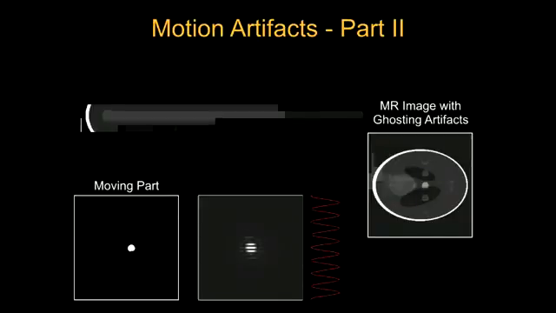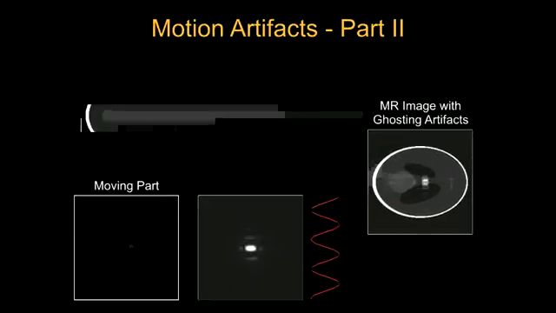So that's what it does. And if you have a much slower pulsation, then the distance becomes narrower. If you have a much faster one, then it's going to be much more spread out. So depending on the rate of that pulsation, you're going to see different types of artifacts. But this is a very, very common artifact that you can see.